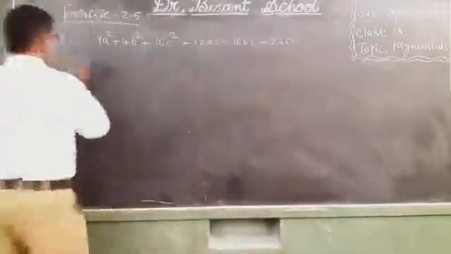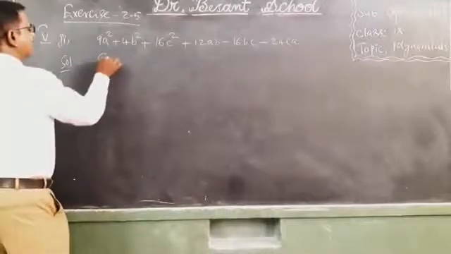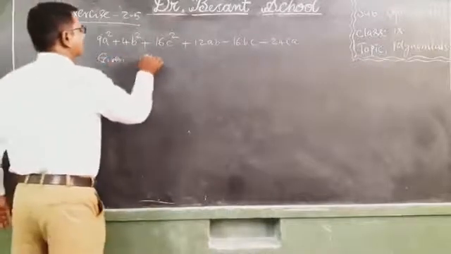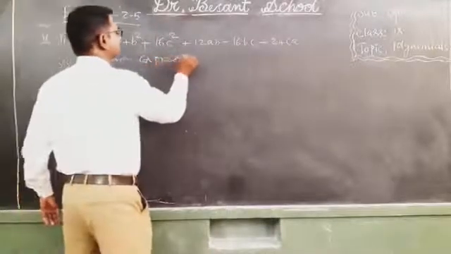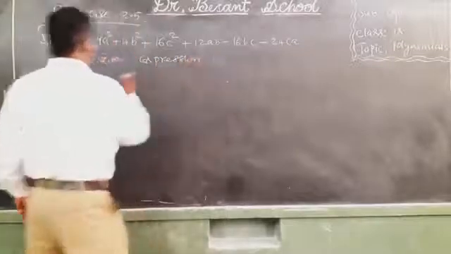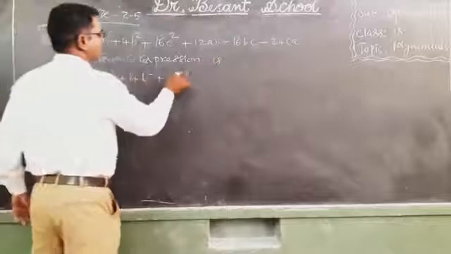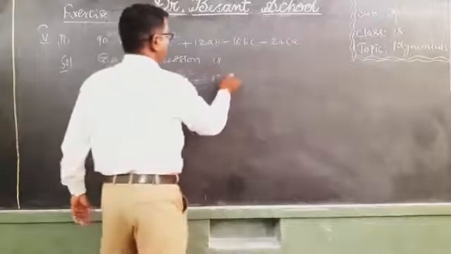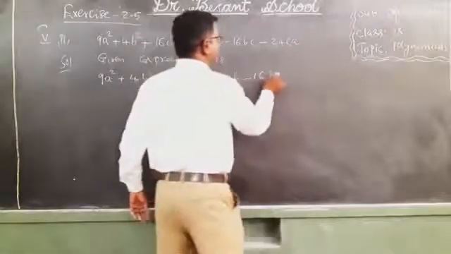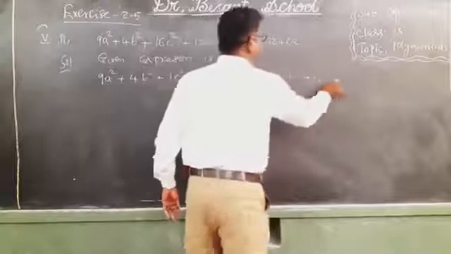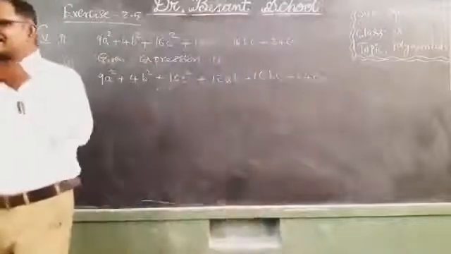Okay children, once verify. The given expression is 9a square plus 4b square plus 16c square plus 12ab minus 16bc minus 24ca. Children, we need to factorize this.